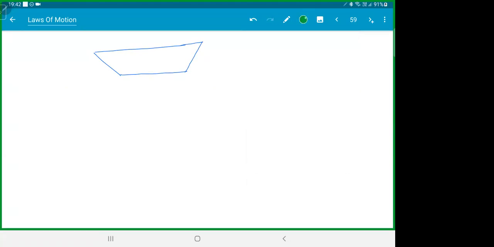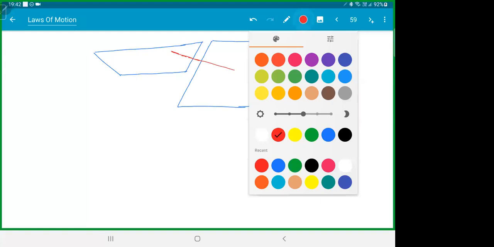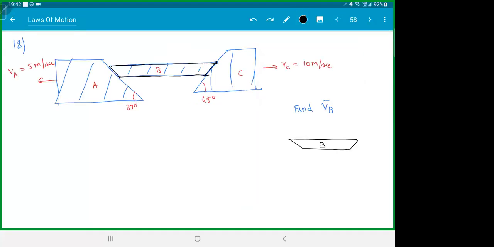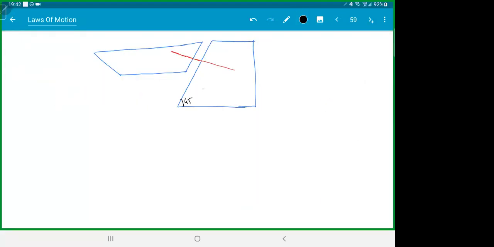So there are two surfaces in contact. I'll just give them some space like this. So this is the normal. This angle is 45. So VC is going this way with 10 meter per second. So this is also 45. This is Vx and this is Vy.